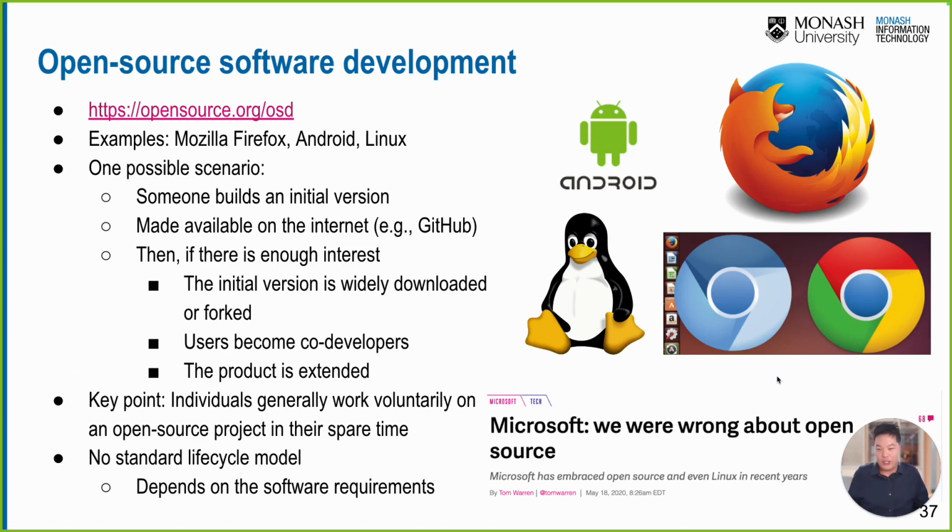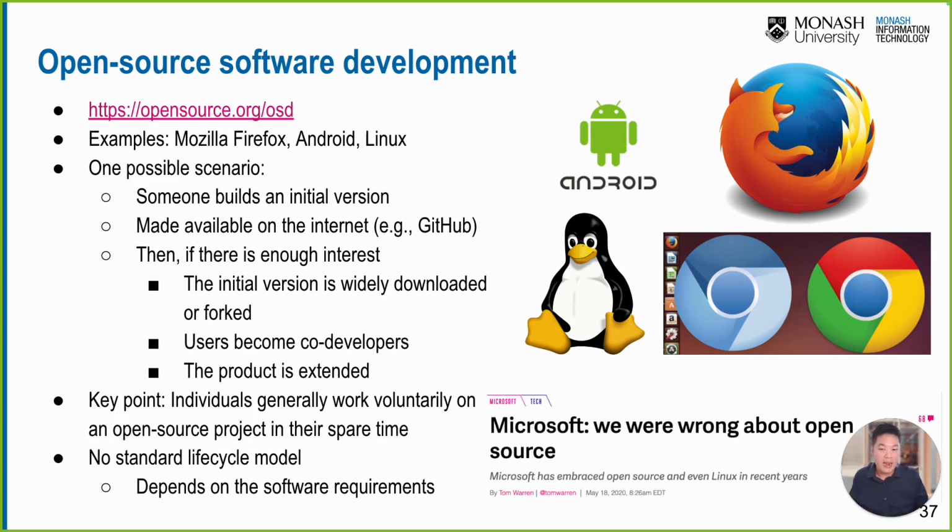The last thing, this one is very interesting: open source software development. When we work in a company, normally we work because someone asks us to, but in open source software development it is totally different. Everyone is a volunteer, and they work collaboratively within a GitHub repository.